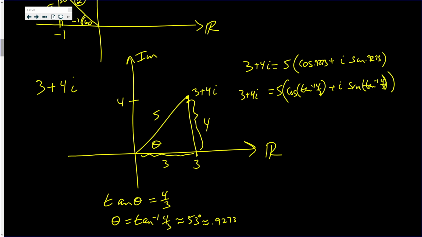That's exactly the answer. So 5 times the cosine of the tan inverse of 4/3 plus i times the sine of the tan inverse of 4/3. That is the exact answer.